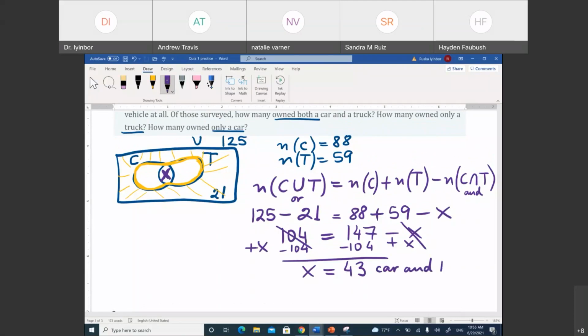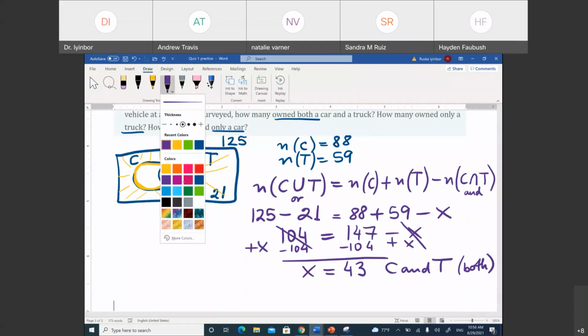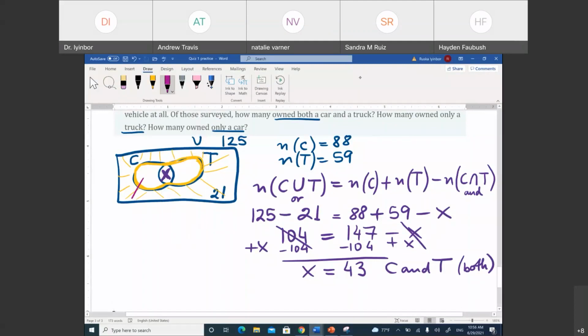Or let's just use letters. Car and truck, which means both, right? That's the common area here. So X is 43. If X is 43, can you find how many are in only the car area here?